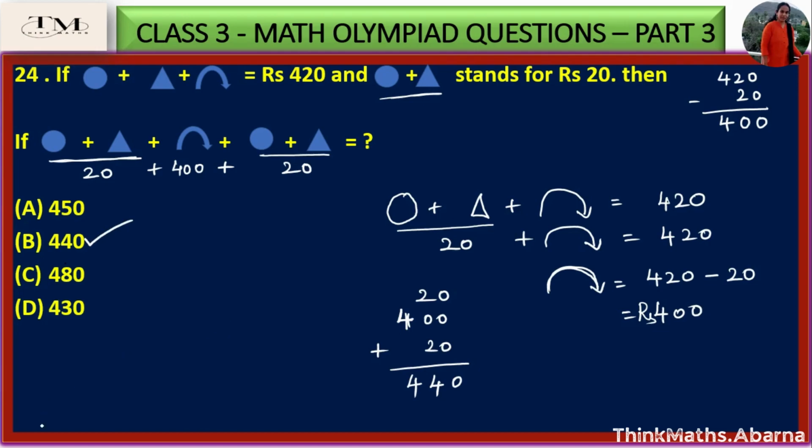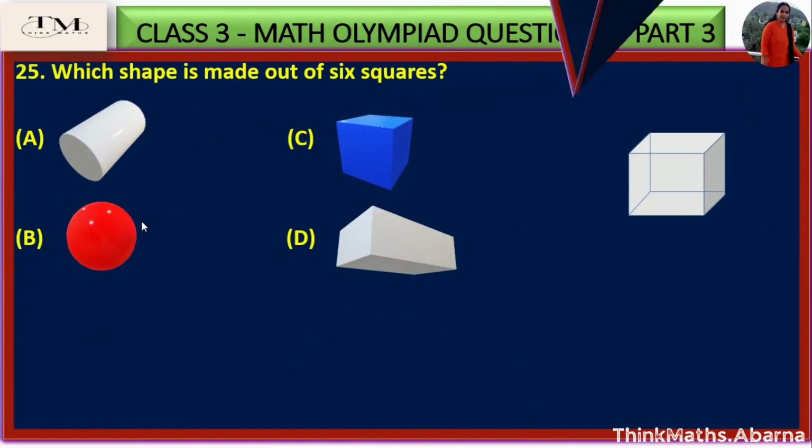Moving on to our 25th question. Which shape is made out of 6 squares? So there are so many 3D shapes. This is nothing but cylinder. In cylinder, we don't have squares. So this is nothing but sphere.